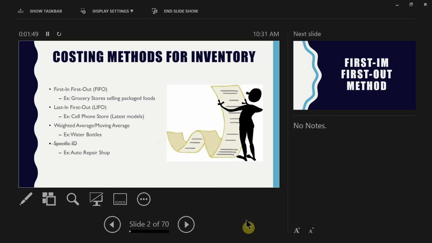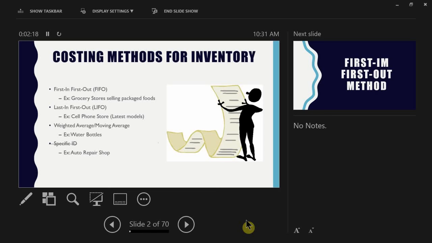Your general idea here is you don't care, but you do want to cost them all evenly by taking an average between the total cost of purchases and the total quantity of items you have available. So again, it just depends on what kind of item you are selling in your store. That could result in either, okay?